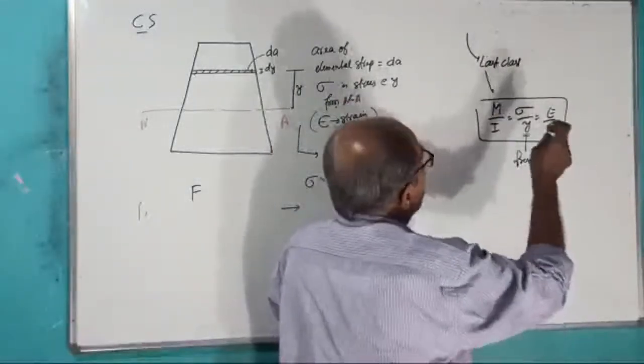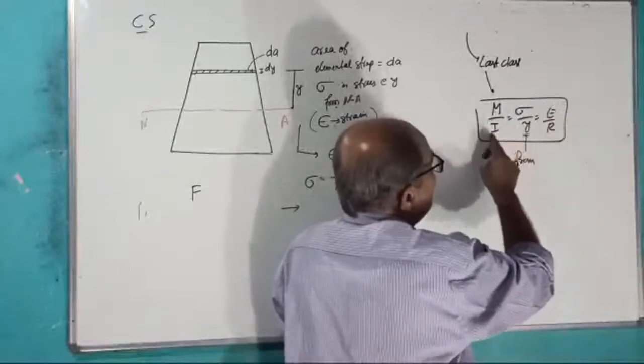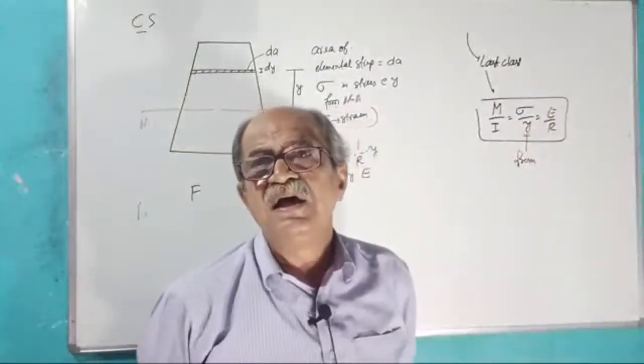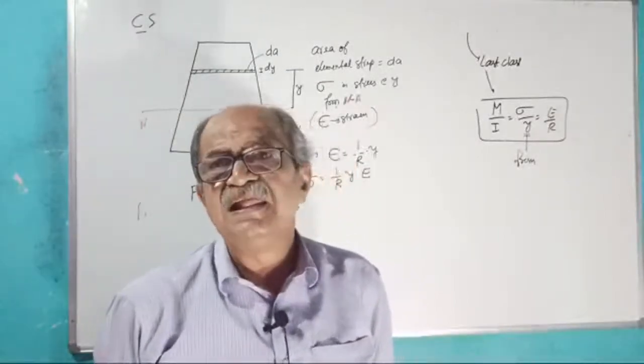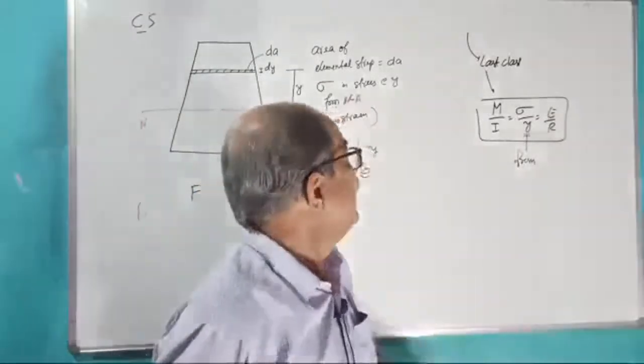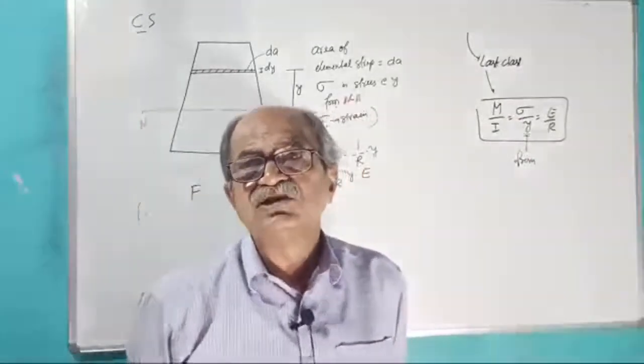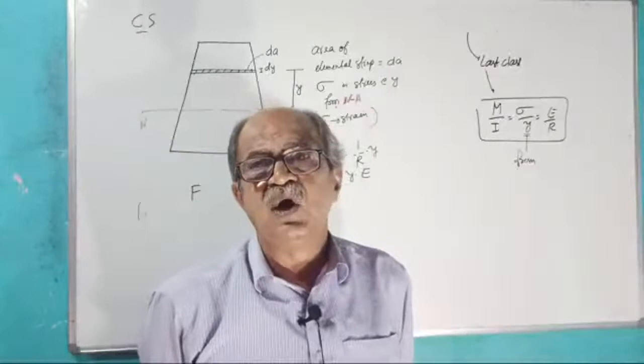That's why, if you remember, M by EI equal to 1 by R. EI is called the flexural rigidity of the cross section, and 1 by R is the curvature. R is the radius of curvature. 1 by R is called curvature.